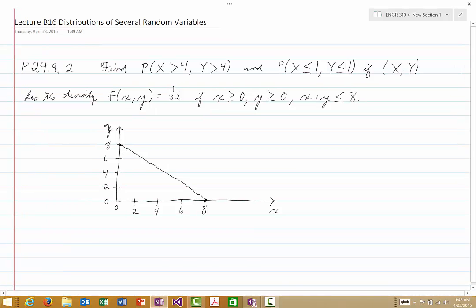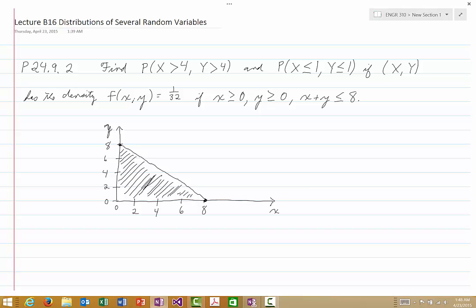It is the triangular region shown here. This is the region in which x would be greater than or equal to 0, y would be greater than or equal to 0, and x plus y would be less than or equal to 8.